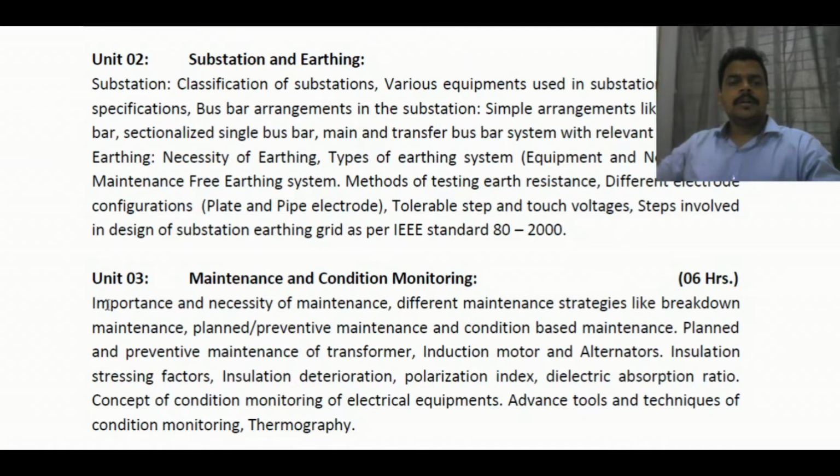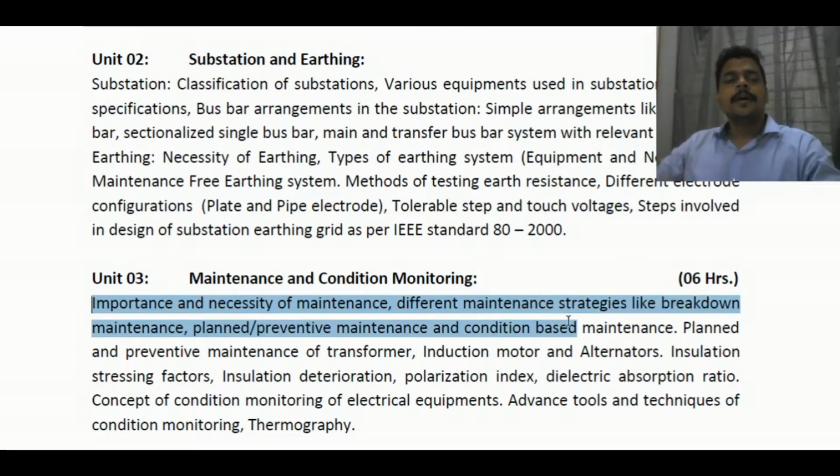We have covered this important part related to maintenance. The different strategies we have discussed in detail, like breakdown maintenance, preventive maintenance and condition based maintenance.